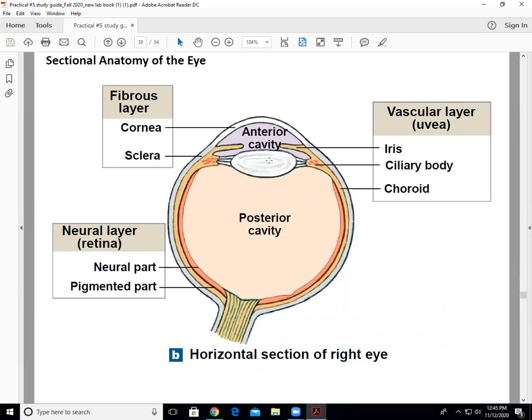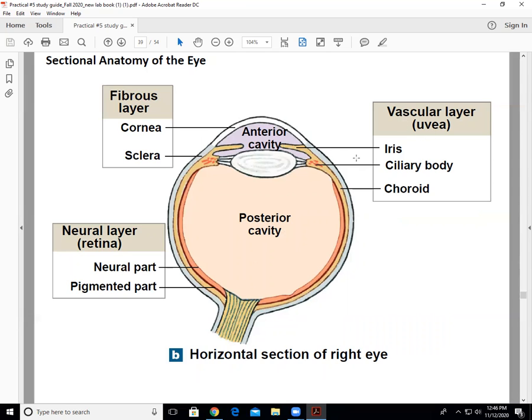All right, so the fibrous layer of the eye is part of the anterior cavity, because you have an anterior cavity and a posterior cavity. The fibrous layer contains the cornea, the anterior surface of the eye, and the sclera, which is the whites of the eye.